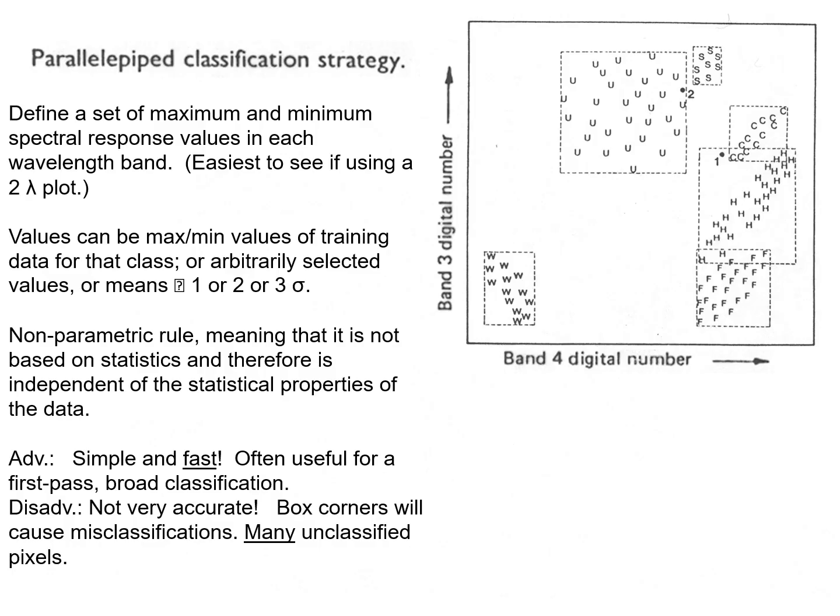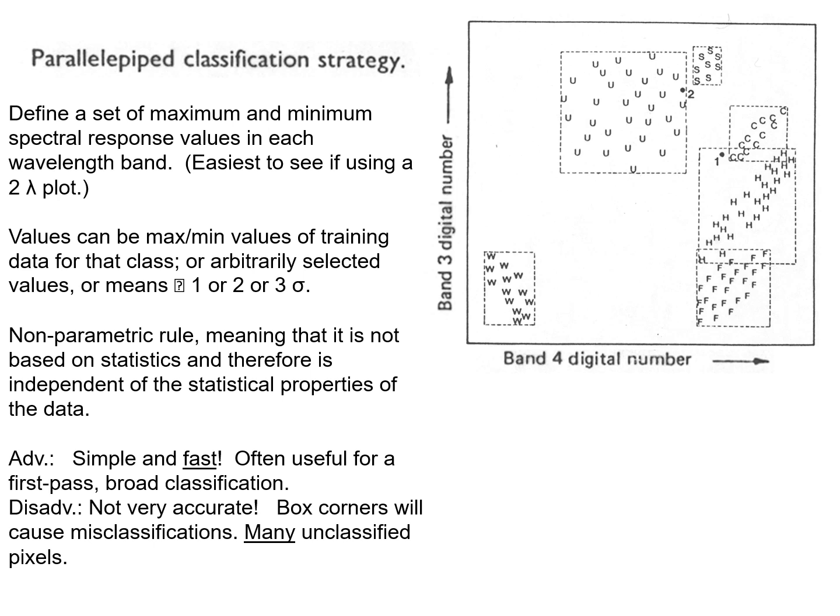So the simplest rule you can have about classifying a new point, and we've got 2 new points there, you should see point 1 and point 2, is to simply define the maximum and minimum spectral values in each wavelength band, right? So it's easy to see here because we have a 2 wavelength plot. You can use minimum or maximum values of the training data for that class to come up with that.